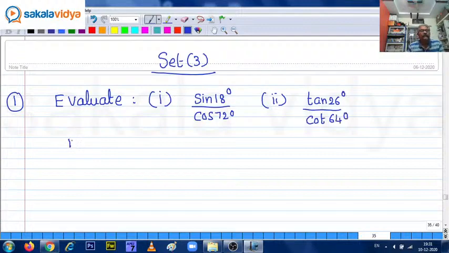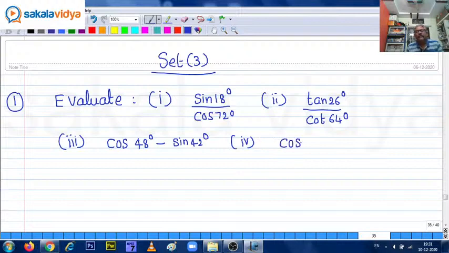Third question: cos 48 degrees minus sine 42 degrees. Fourth question: cosecant 31 degrees minus secant 59 degrees.